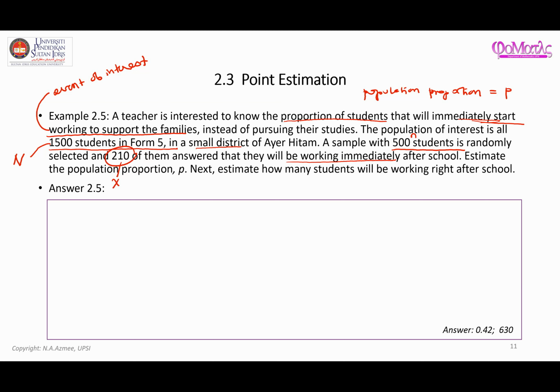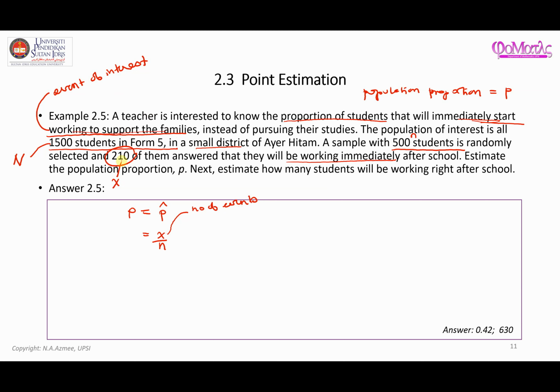So recall that in order to estimate the population proportion, P is equal to P hat. P hat is the sample proportion, and sample proportion is equal to x over n, where x here is the number of events that occurred. So 210 is the number of students that express their interest to work immediately after school.